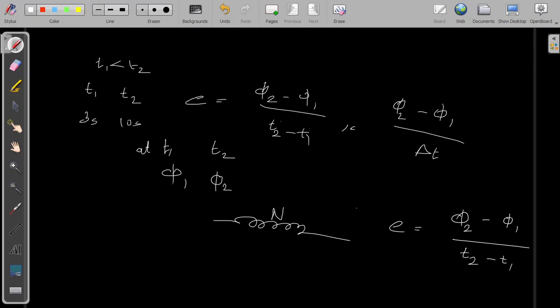Since the coil has N number of turns, this is multiplied by capital N. So E is equal to N delta phi, that is phi2 minus phi1, the change in flux associated with the coil, divided by delta T, and I'm applying the limit.